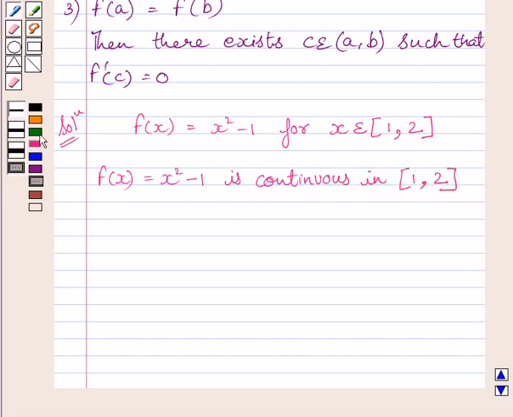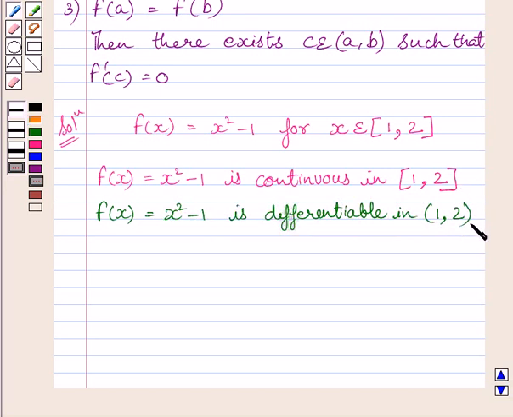And f(x) is differentiable in open interval 1 to 2. Now first two conditions of the Rolle's theorem are satisfied here.